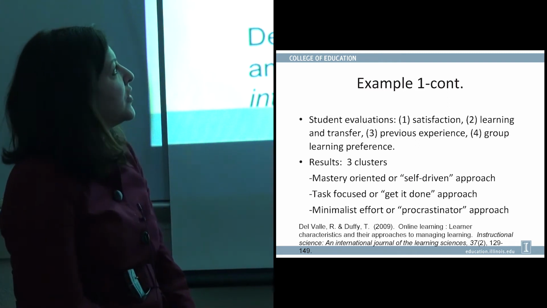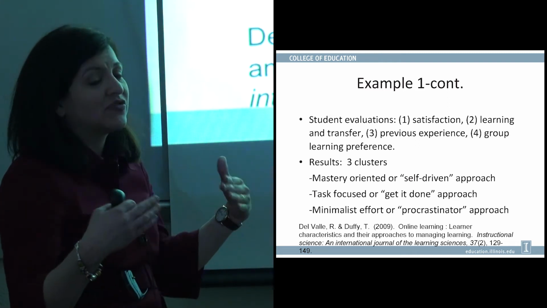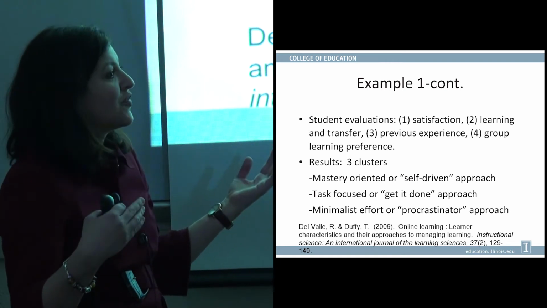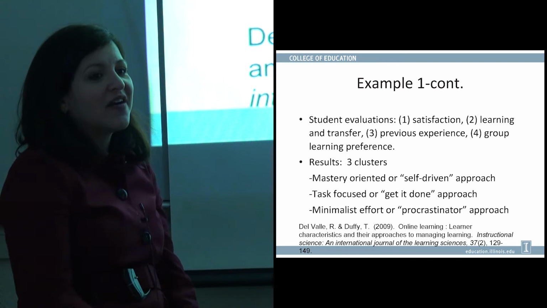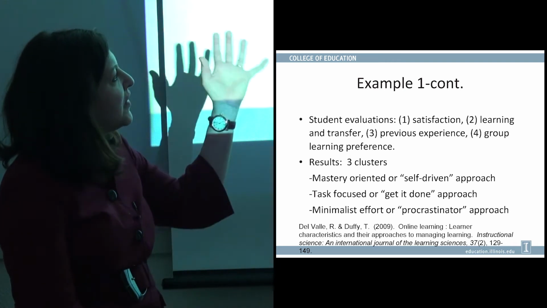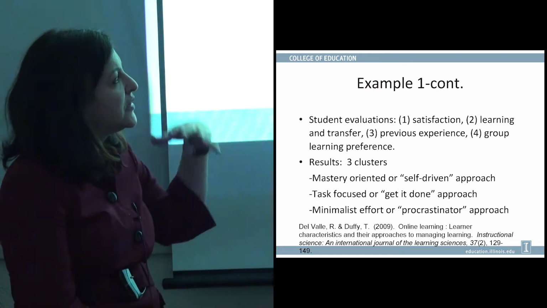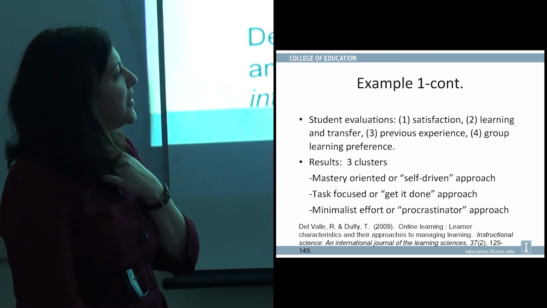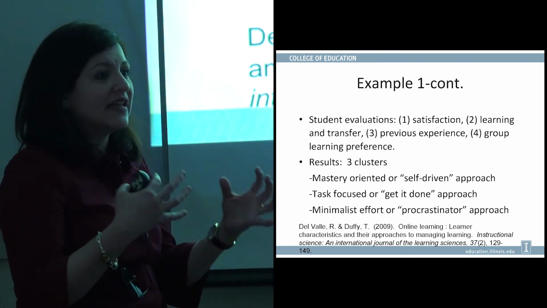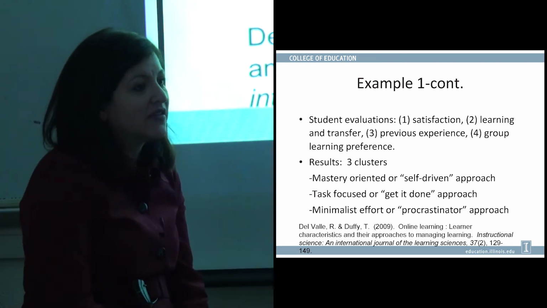Learners that were task-focused, who try to get something done. And the ones they call the minimalist or the procrastinator effort. Of course, the measures that they have of learning are very vague and not related to any particular content area, but they were able to identify some traits or learning characteristics related to the way they navigated the online resources.